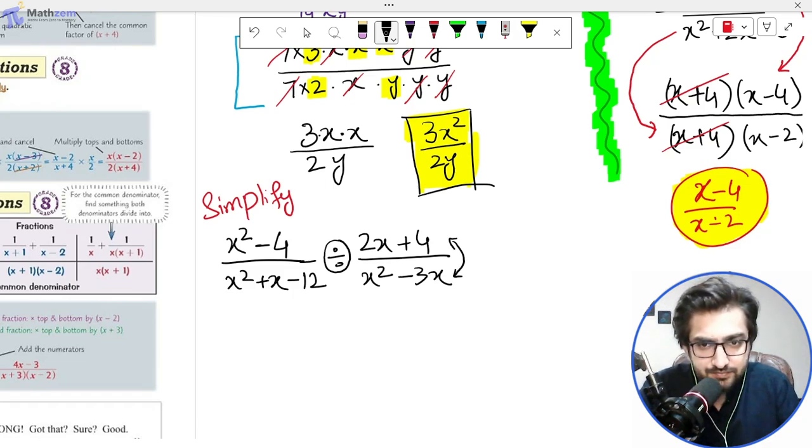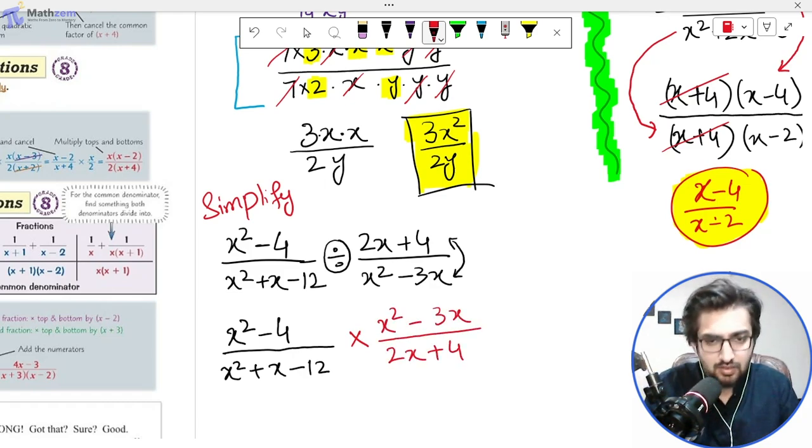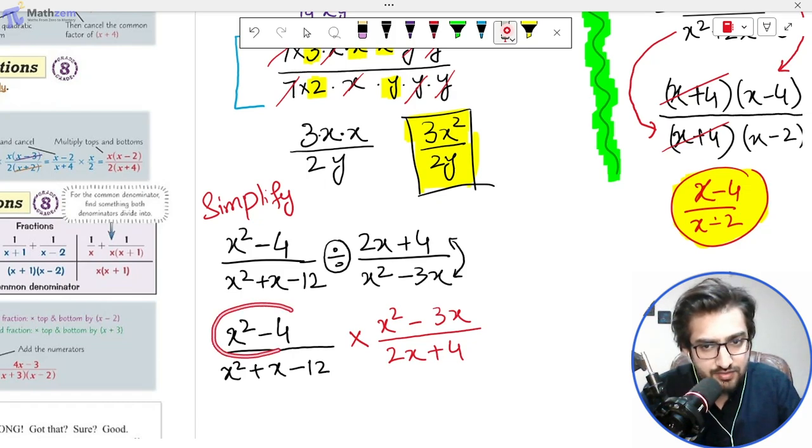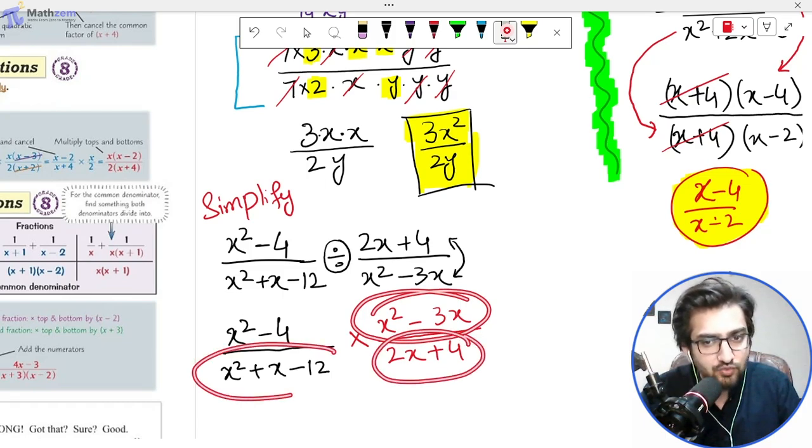So replace that by a multiplication sign and flip this fraction. Now we have four different algebraic expressions. This is the first one; we will solve this one, that one, and that one.